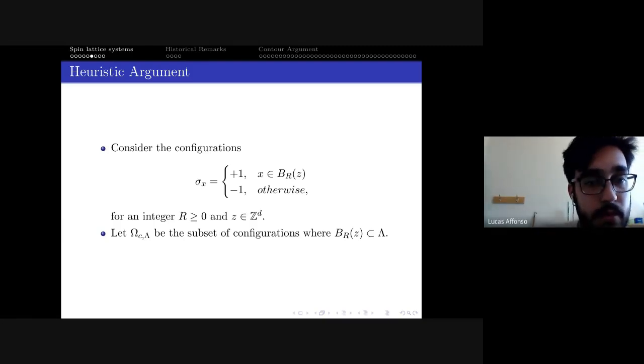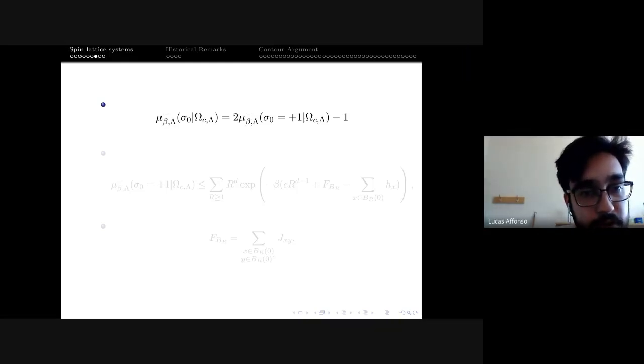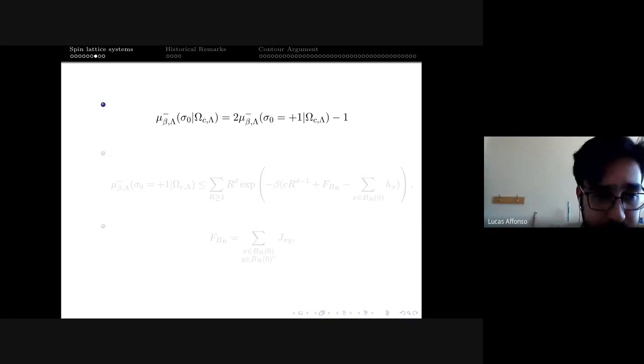So what happens when we look at the finite volume Gibbs measure restricted to these configurations? Well, to show phase transition, you can only look at the event of the spin at the site 0 being +1.